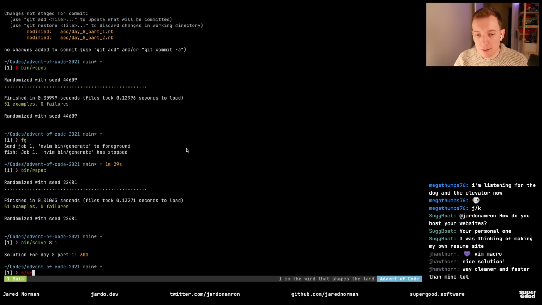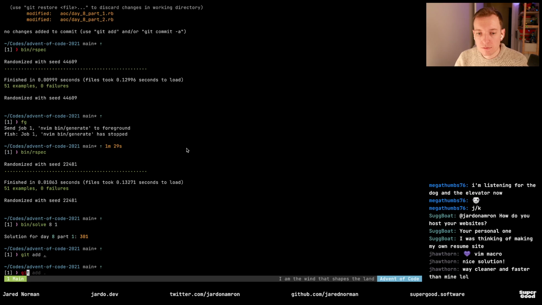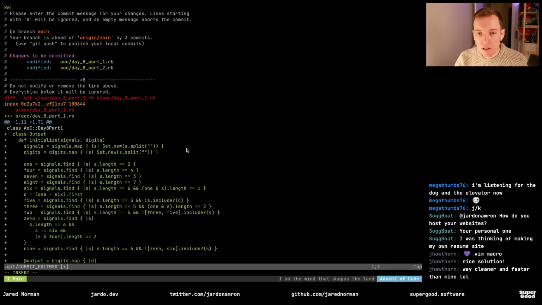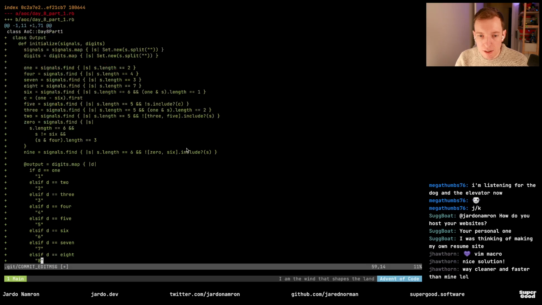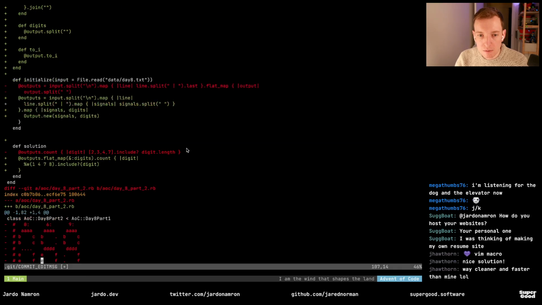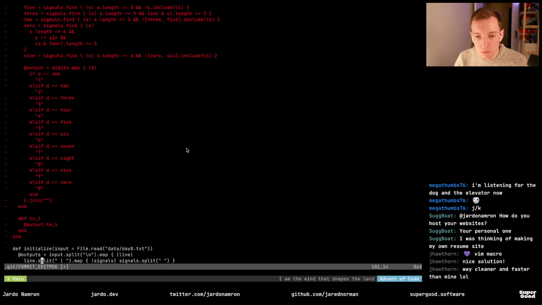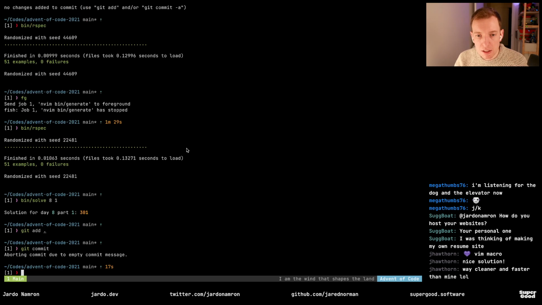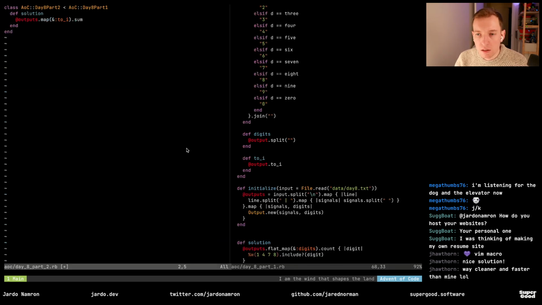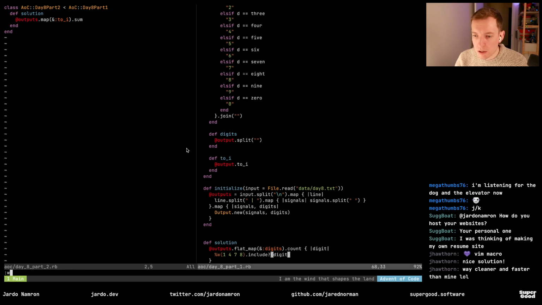Amazing. So now they use the same output thing and just have slightly different solution pieces. Whoops, did I do that wrong? No, that's right. We're good.